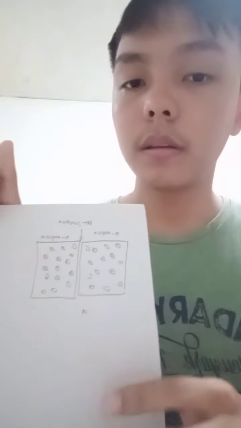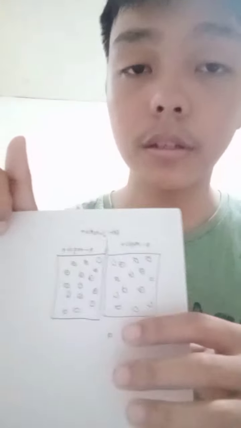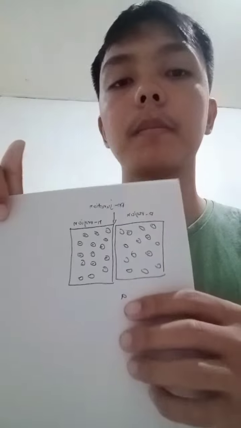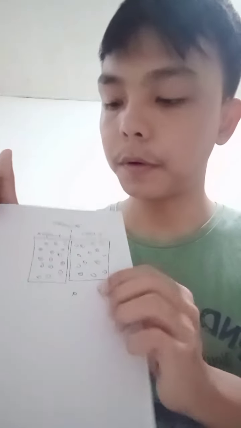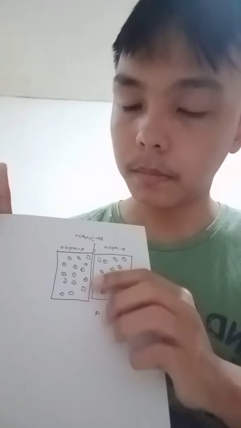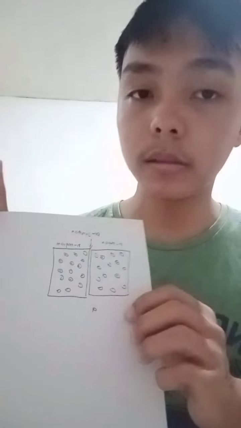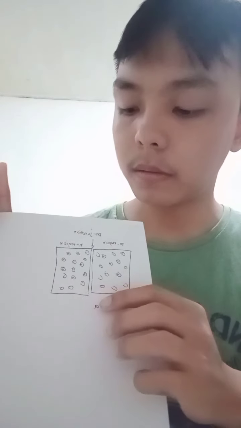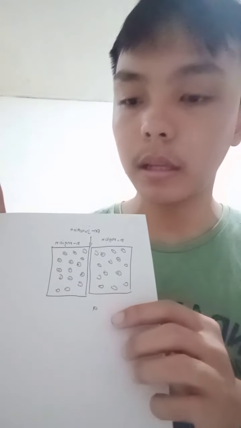This chart is showing the minority and majority carriers. Free electrons start to diffuse beside the PN junction, then cross the junction and fall into the holes beside the junction in the P region.